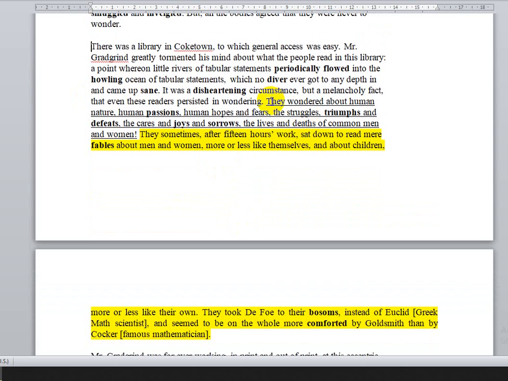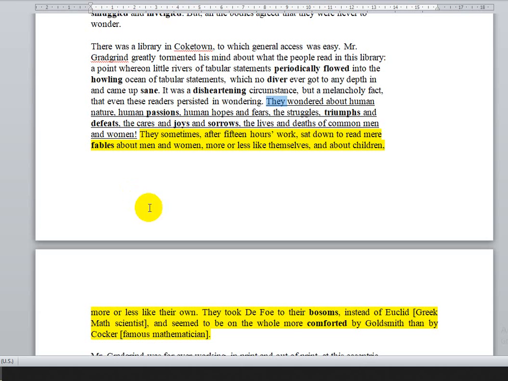They wondered, the people of the town, about human nature, human passions, hopes, fears, struggles, triumphs and defeats, the cares and joys and sorrows, the lives and deaths of common men and women. So these were among the interests of the people of that town.